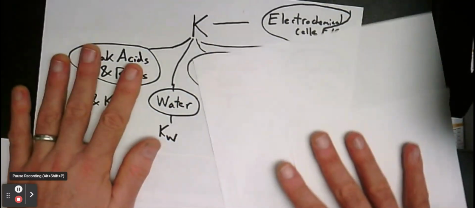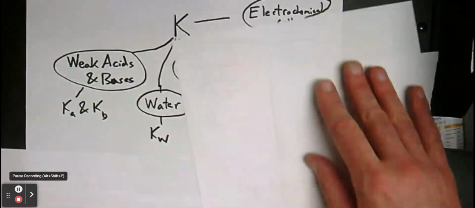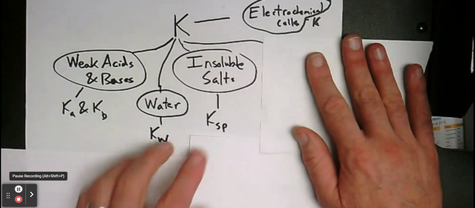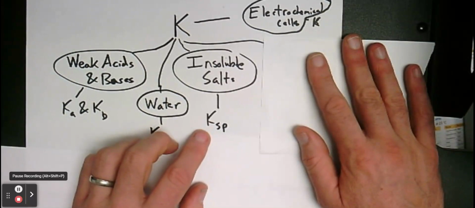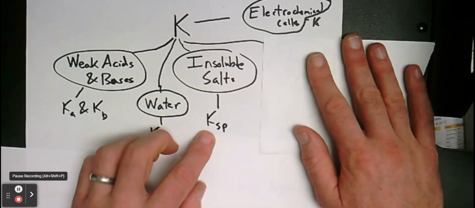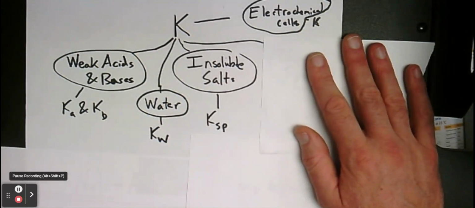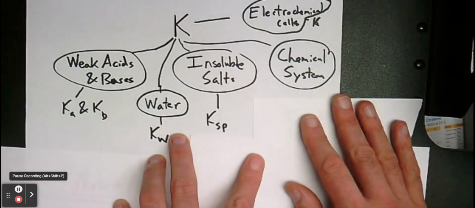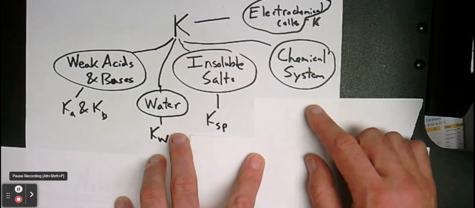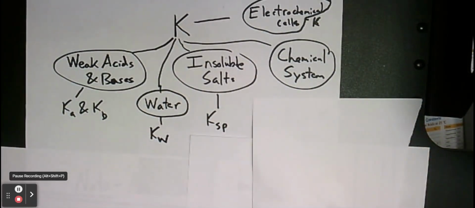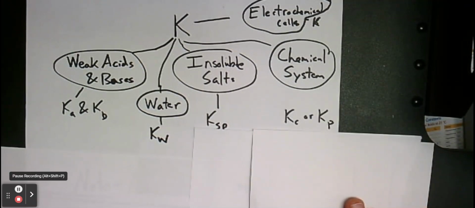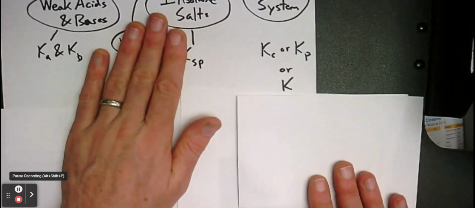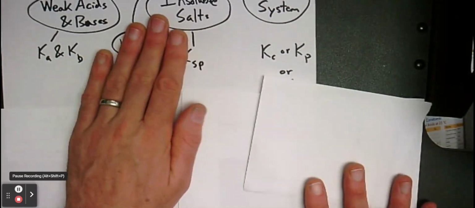There are the ones that have to do with insoluble salts. That's your Ksp. That is not on the reference sheet, but you'll need to know how to write the expressions for those chemicals. And then the final one is with chemical systems, like a reaction chamber, or a reaction that is at equilibrium. These are your Kcs, your Kps, sometimes just plain old capital K.